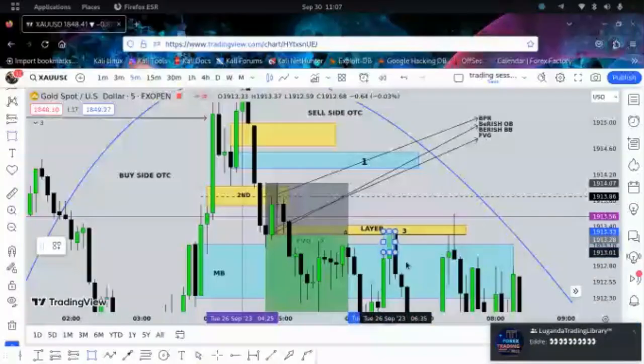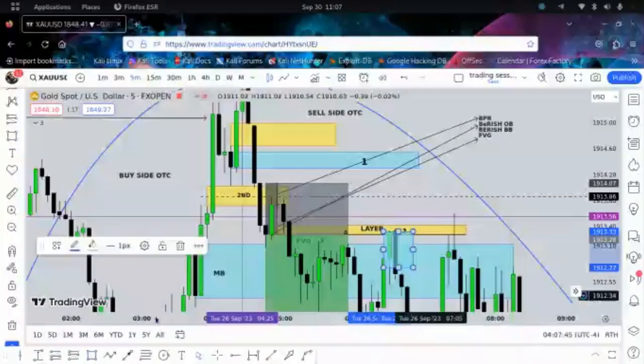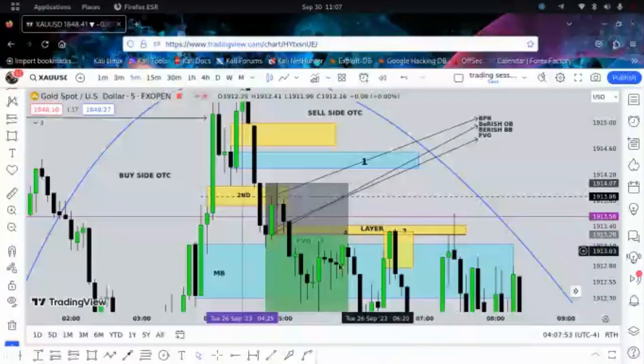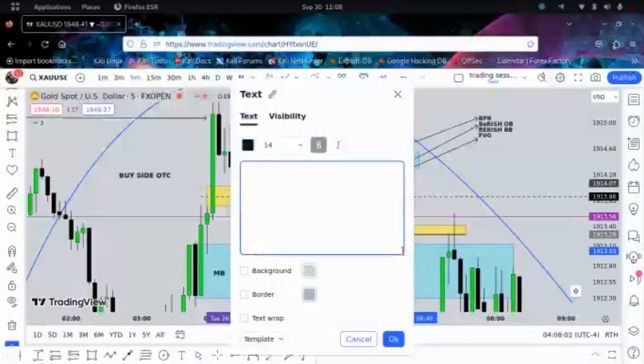You can see this bearish order block. Let me give it a different color. It's another PD array within this mitigation block. So this is your 6th entry. Now you can see that these are all 6 entries.